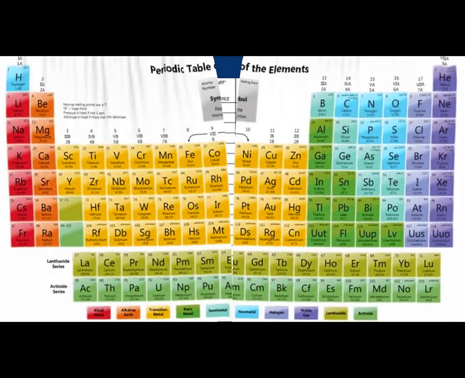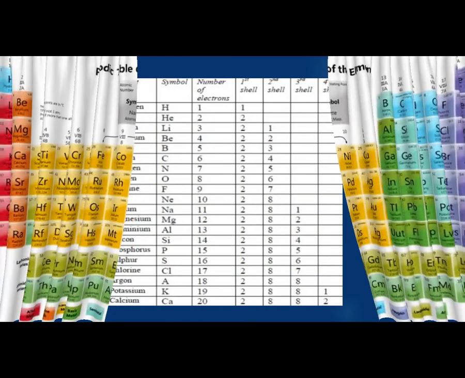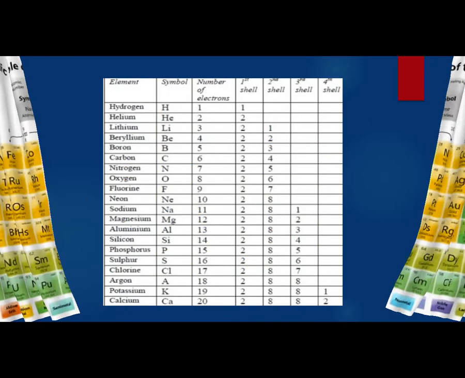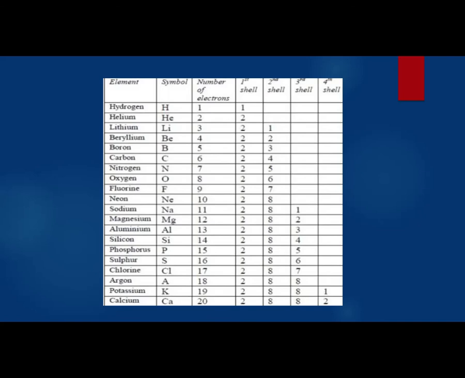Here are the elements from 1 till 20. The serial number is not written over here because the serial number is the same as the number of electrons or the atomic number. Number of electrons, atomic number and number of protons, they are all the same.